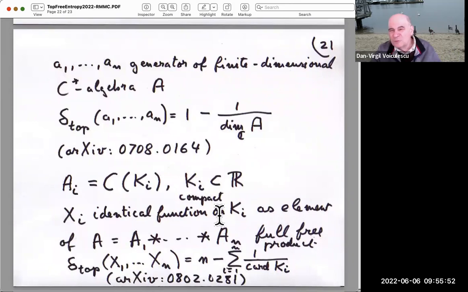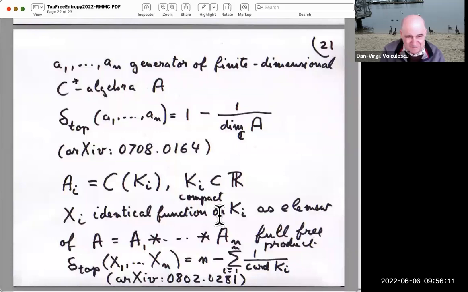That's the universal C-star algebra generated by A1, ..., An: every other C-star algebra generated by algebras isomorphic to A1, ..., An is a quotient of it.